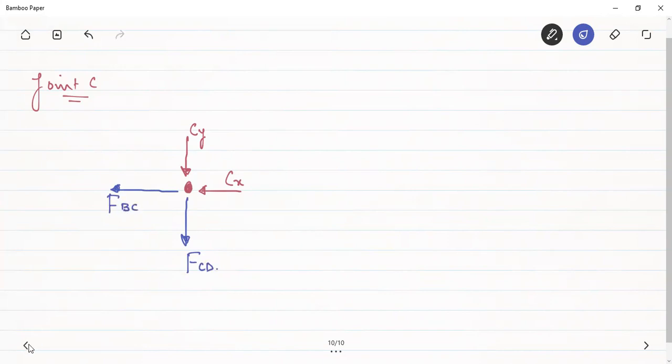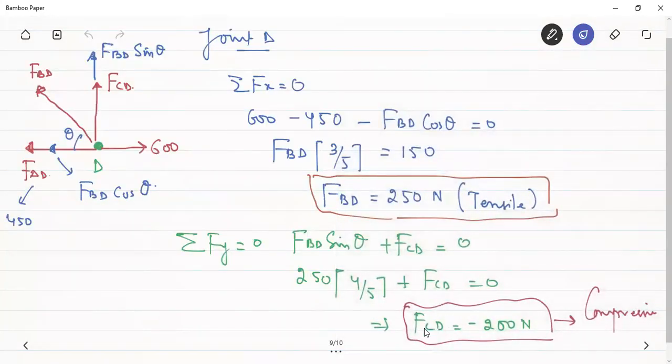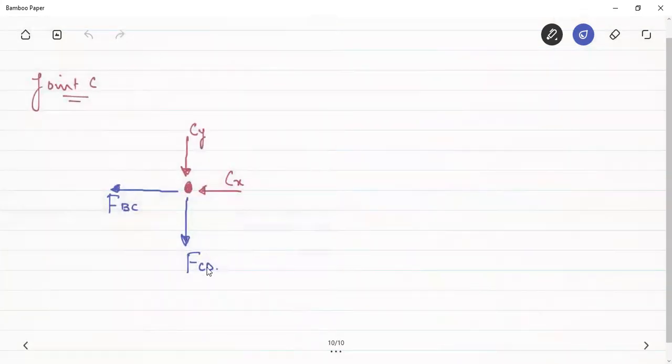So if we take a step back, we just got that force in the member CD is actually compressive. Okay, so this direction which I'm showing here is the wrong direction. Since I'm showing the wrong direction, actually it is to be shown in the opposite direction.